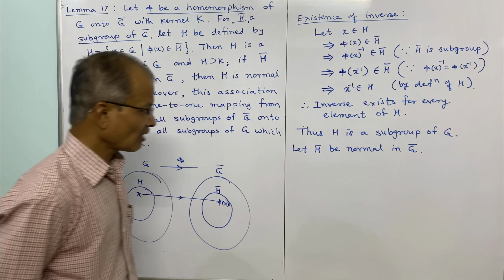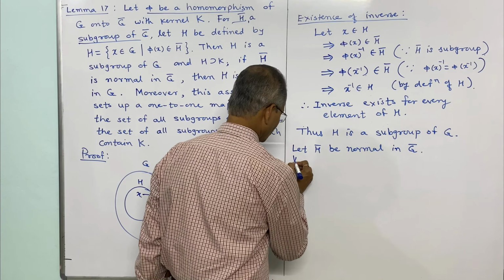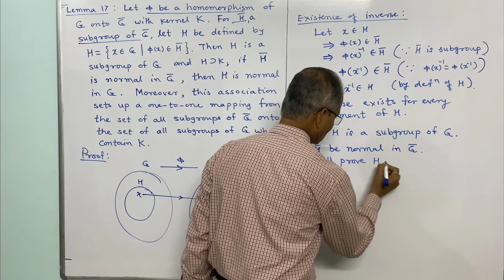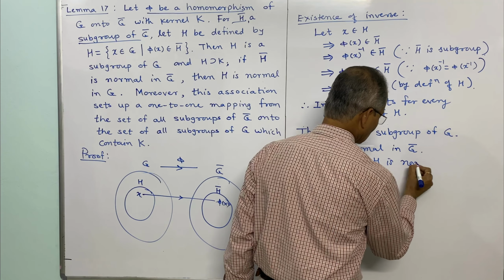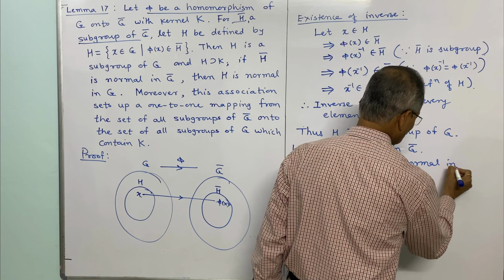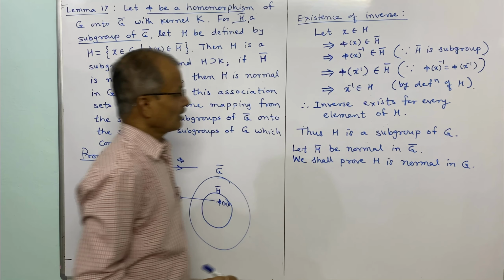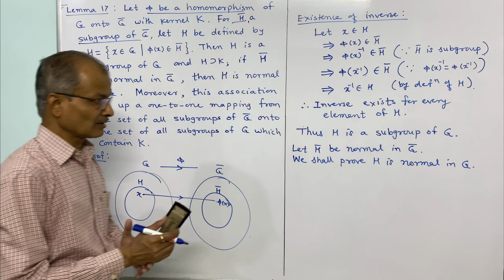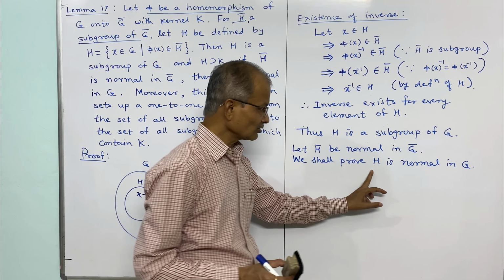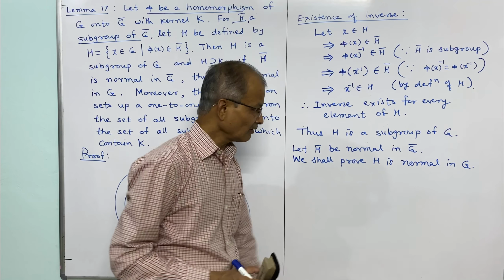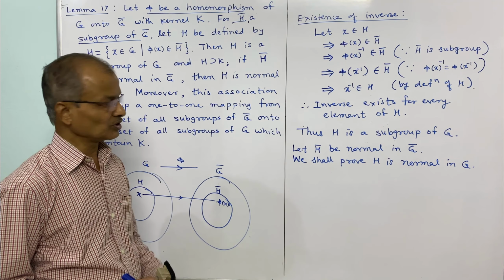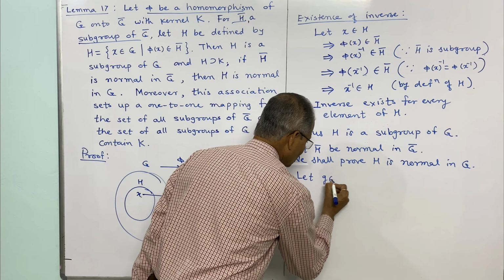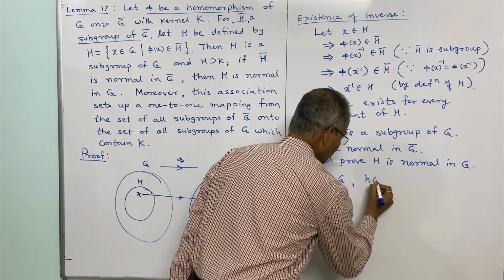We shall prove H is normal in G. For that purpose, by the definition of normal subgroup, we shall suppose h belongs to H, g belongs to G, and then we have to prove that g h g inverse also belongs to H. Let g belong to G, h belong to H.